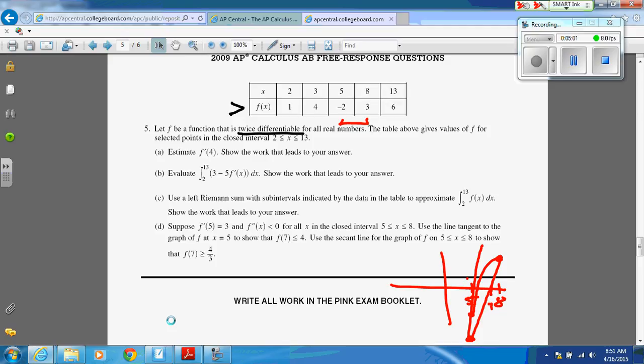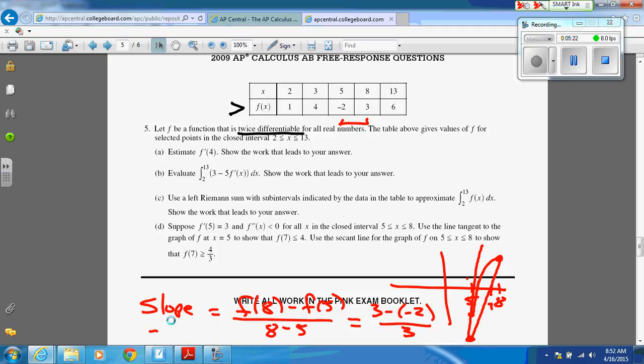To get the slope, I go back to the graph and I draw my secant line. And my secant line is going to have a slope of f of 8 minus f of 5 over 8 minus 5, which is going to be 3 minus negative 2 all over 3, or 5/3.